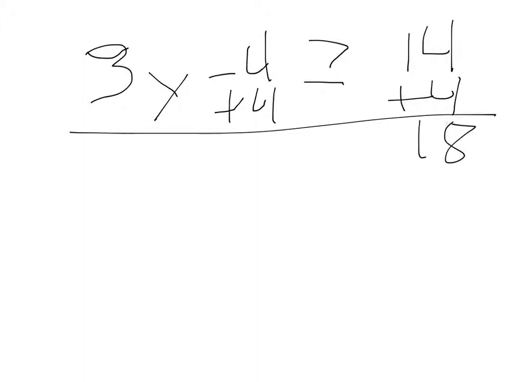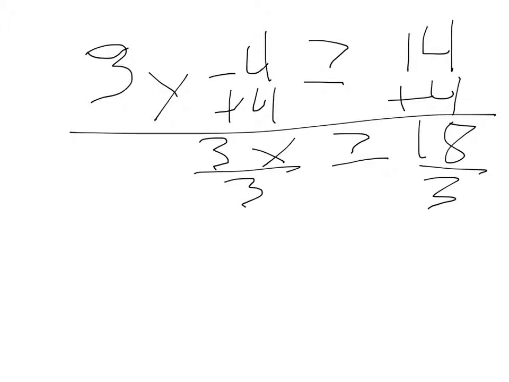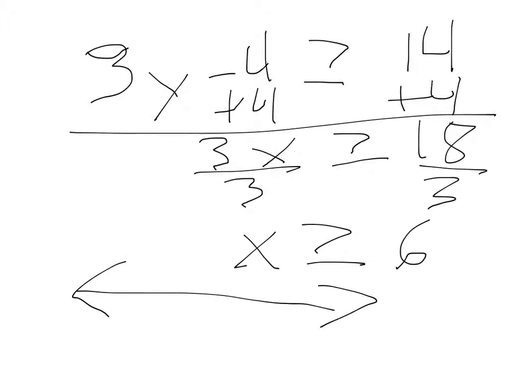This is 18, 3y. Divide both sides by 3. And y is greater than or equal to 6. And you graph that like this. 6, 7, and 5. You put a closed dot, and the arrow is pointing to the right.